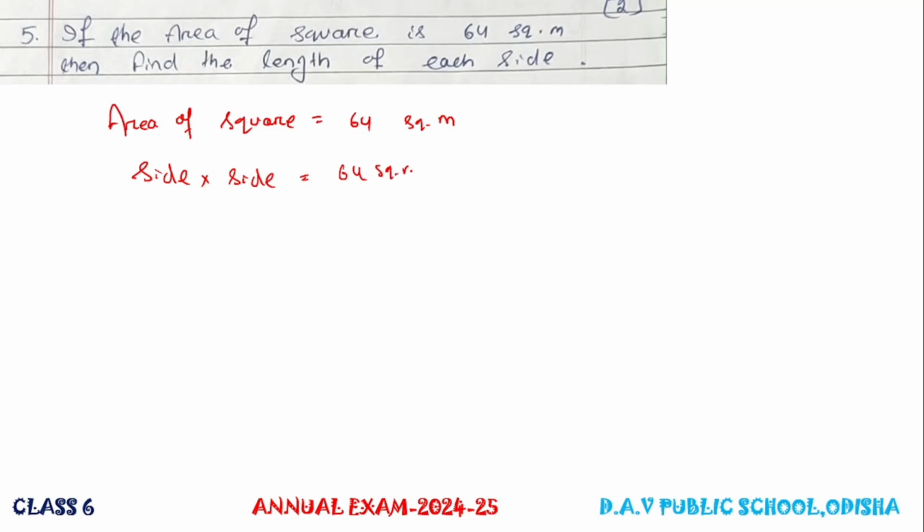Now we can write side into side is equal to 8 into 8. Yes or no? Therefore one side is 8, another side is 8. That's why side equal to 8 meter. Answer. So the length of each side is 8 meter.